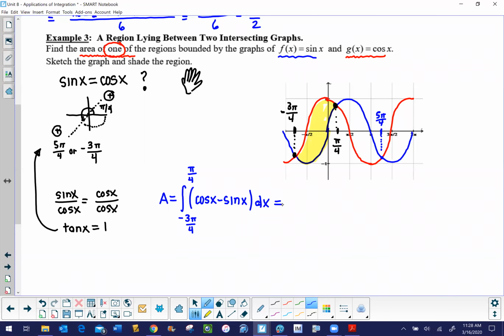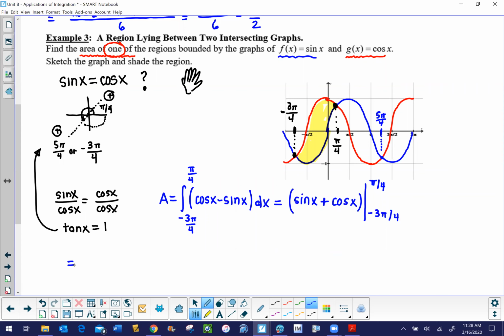And then we would need to integrate that. The integral of cosine is sine. Our integral of sine is a negative cosine, and the negative mixed with the negative sign in front of that makes it a positive cosine, excuse me, from pi over 4 down to -3 pi over 4.